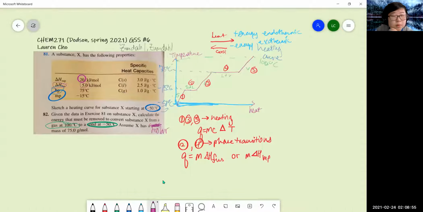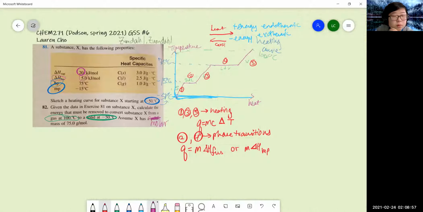what you need to do here is some things. So there's some unit conversions and all that. So I guess for 1, you would be using a C of solid because the specific heat capacity of the solid.